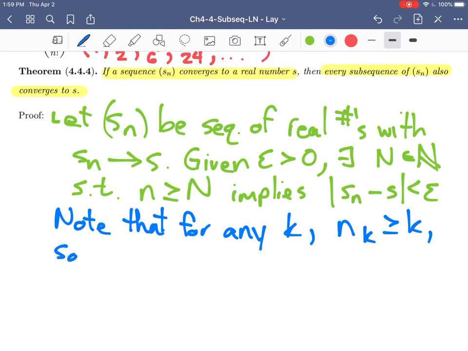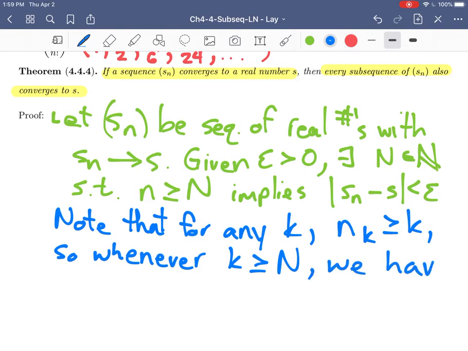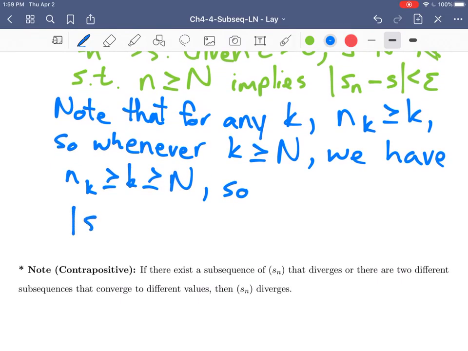So we are going to have, whenever this value of k is at least the value of big N, n sub k is greater than or equal to k, which is greater than or equal to N, and so we end up with the absolute value of S sub n sub k minus S is less than epsilon.